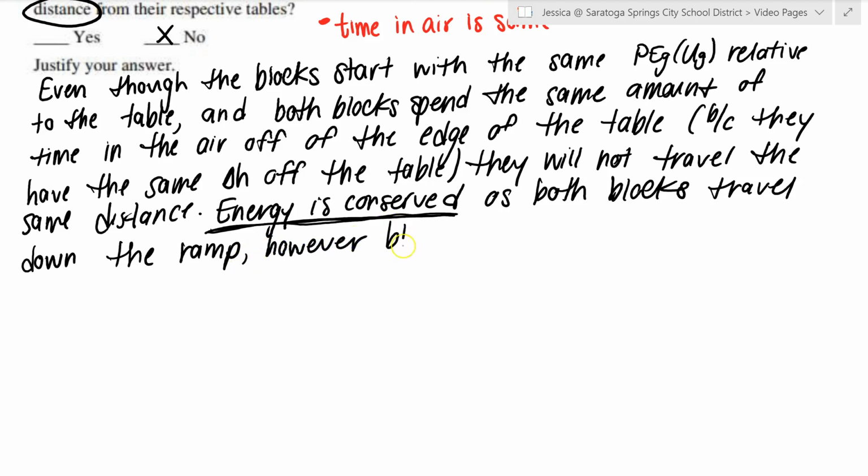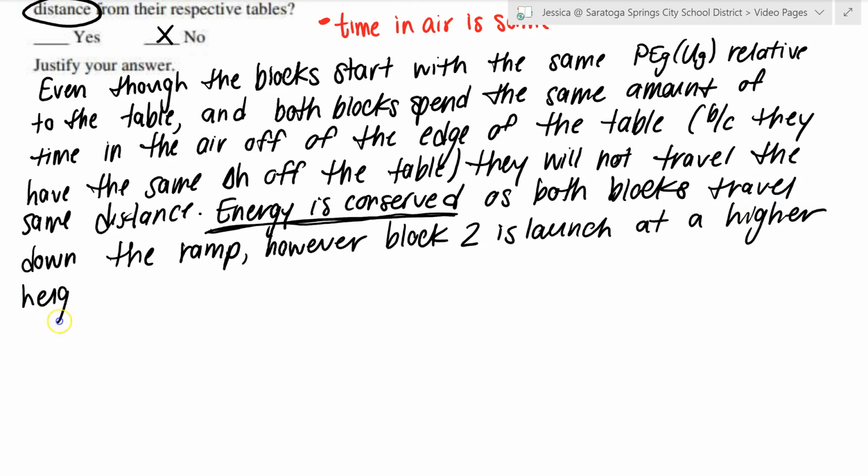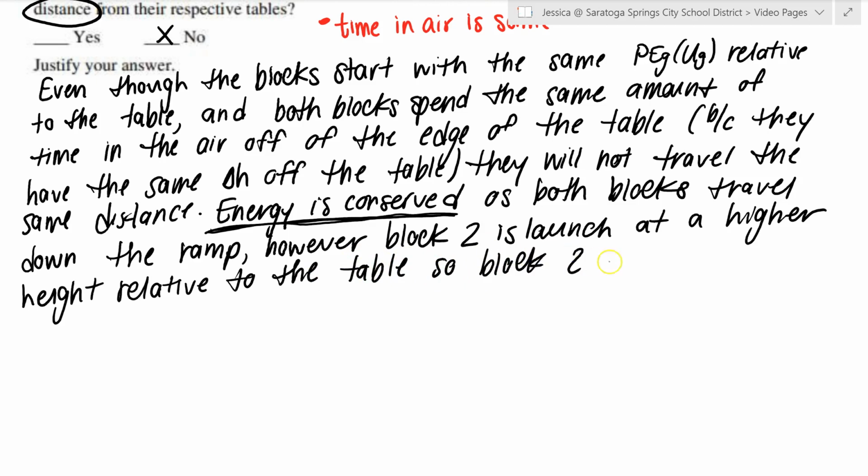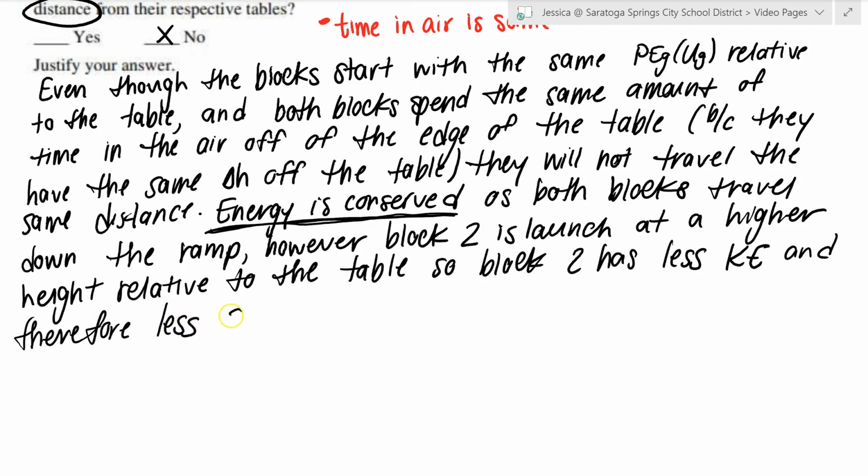However, block 2 is launched at a higher height relative to the table. So block 2 has less kinetic energy and therefore less speed off of the table.